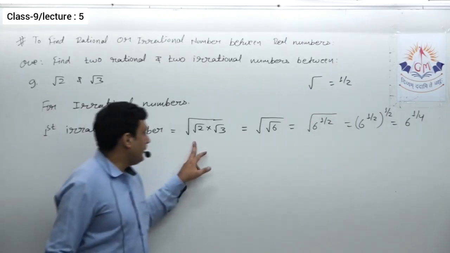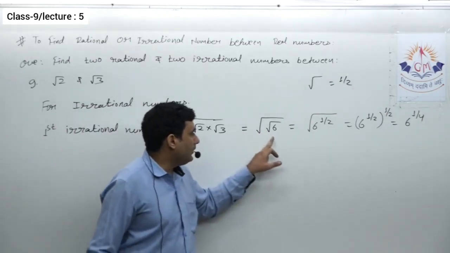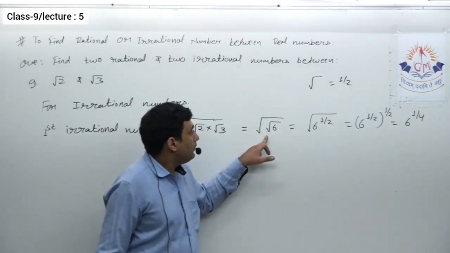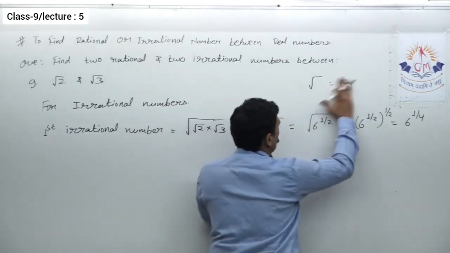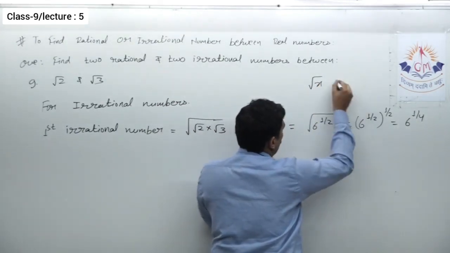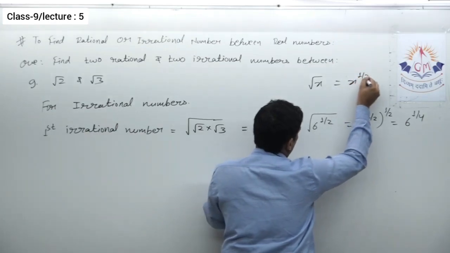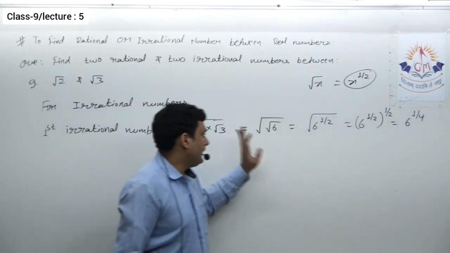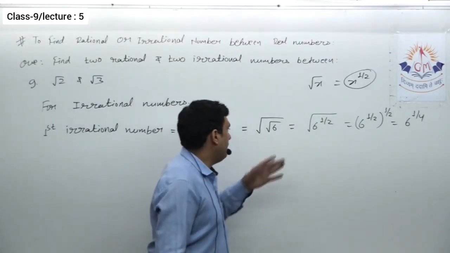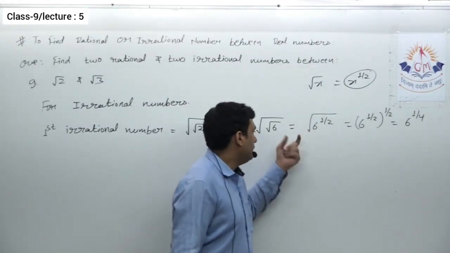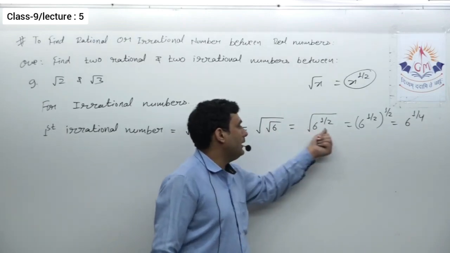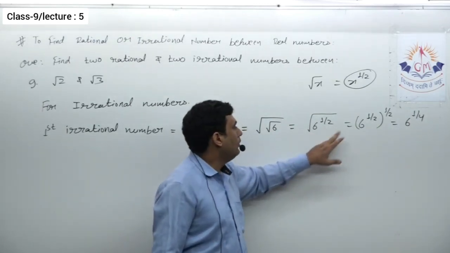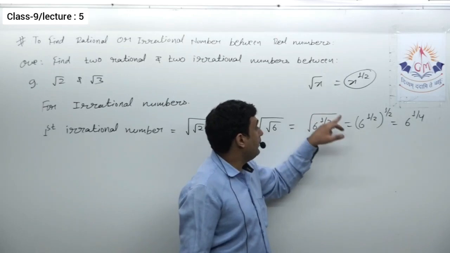Okay, let me explain you once again. Root 2 into root 3 is root 6. Now root of any number, suppose I have root x, it means x raised to 1 by 2. We'll discuss this once again when we come to the chapter of indices and powers, but over here in short you can understand, whenever the root is there, power will be 1 by 2. So 6 raised to 1 by 2, this is again power 1 by 2.